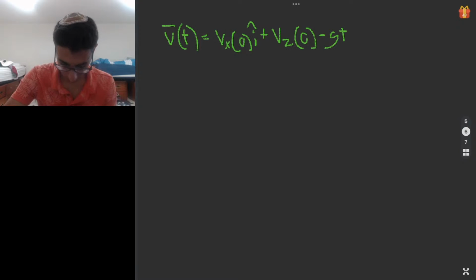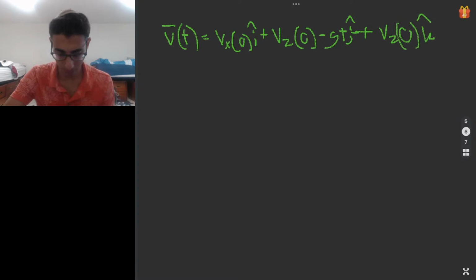That was the thing that we found. And then that gets a j hat, and that plus v sub z at time 0 gets a k hat. So now let's figure out if we can find out what position is.